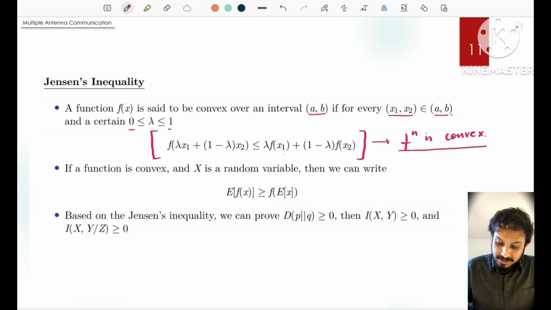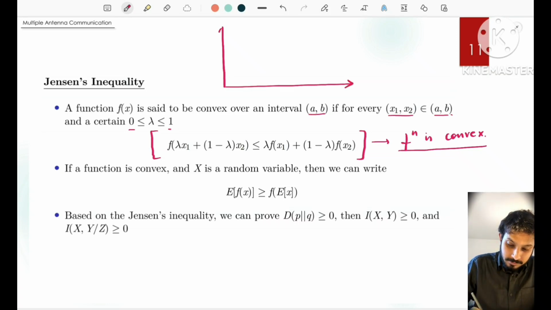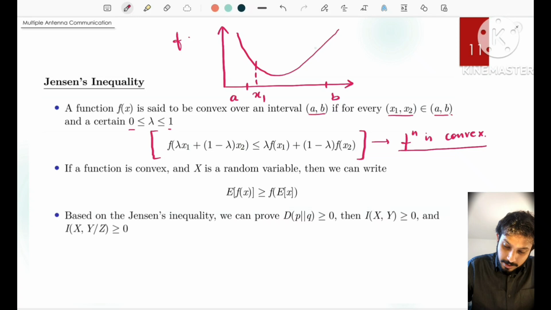And what do we mean by this inequality is that, let's say we have a function and we have an interval (a, b). If we have some curve here, let's say this point is x1 and this point is x2.